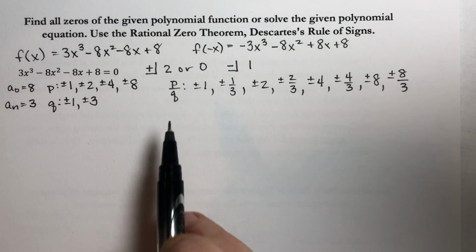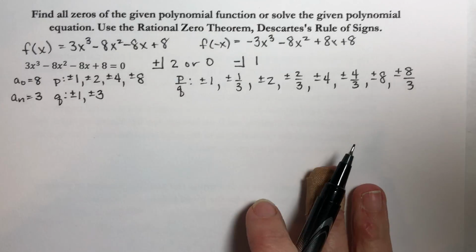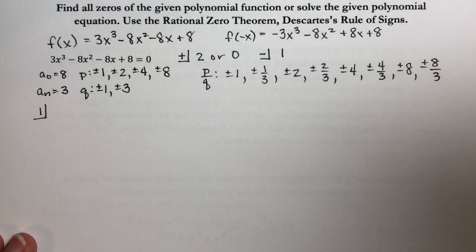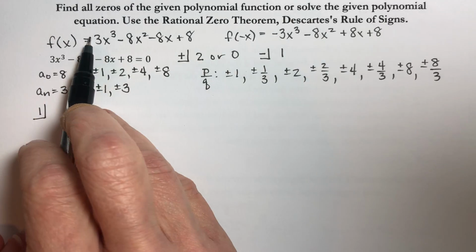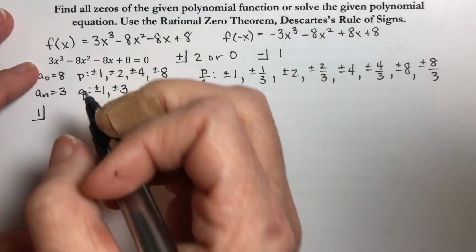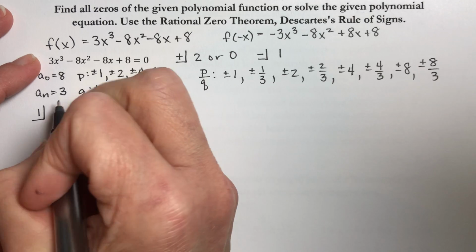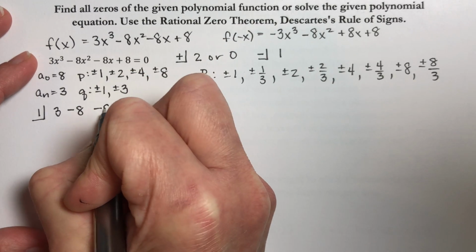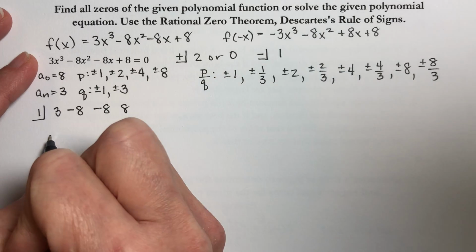I'm just going to check +1. Let's just see what happens. If I check +1, I need to make sure I write down my coefficients here. And they are in order and nothing got skipped, so that's a 3, -8, -8, and +8.